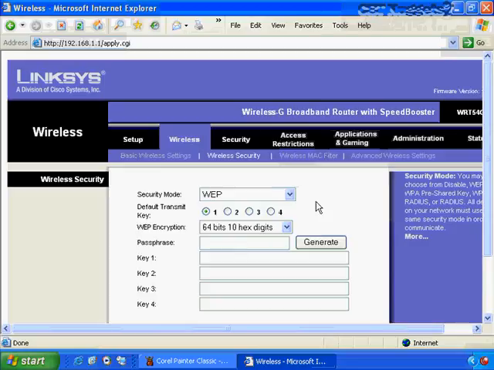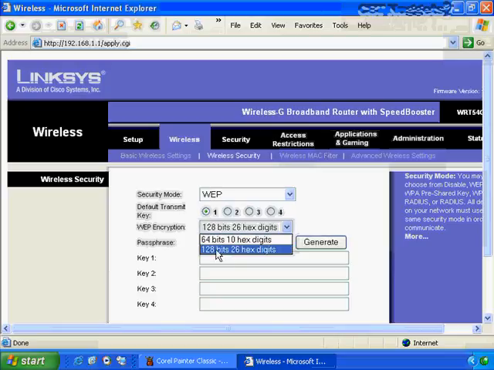This is probably still the largest distribution of access points, 802.11b access points using WEP. Notice that I can use 64 bits or 128 bits. It's not really 64 bits or 128 bits. You might have heard other people say, I thought it was only 40 bits. That's because 24 bits are used for other information in this.